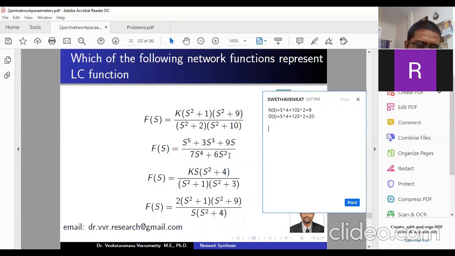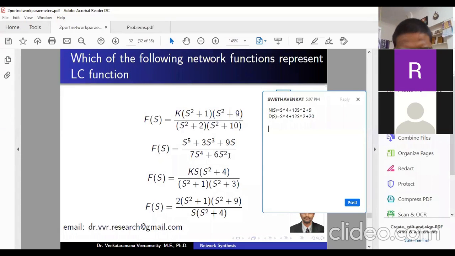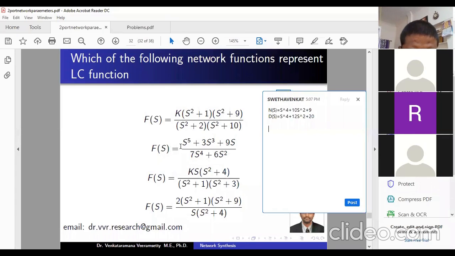We will verify whether the given network function is an LC network function or not. Odd by even. So it will satisfy the first one. s power 5, s power 3, s power 1, s power 4, s power 2. That means odd by even, the first condition is satisfied.